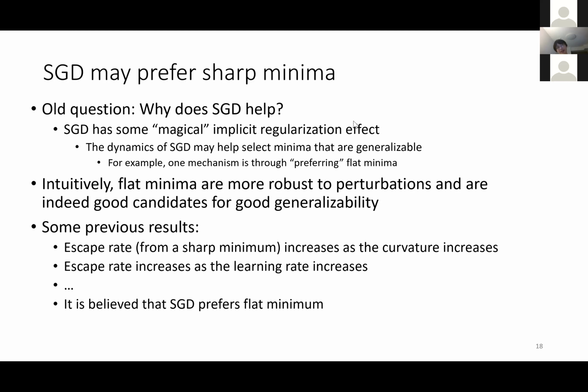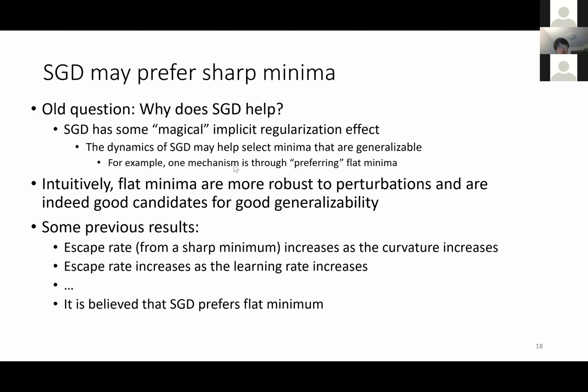There are actually many mechanisms people hypothesize for this implicit regularization effect, and it might be a compound effect, so there might not be a single cause. But the point is that people hypothesize the dynamics of SGD may help select minima that are generalizable.